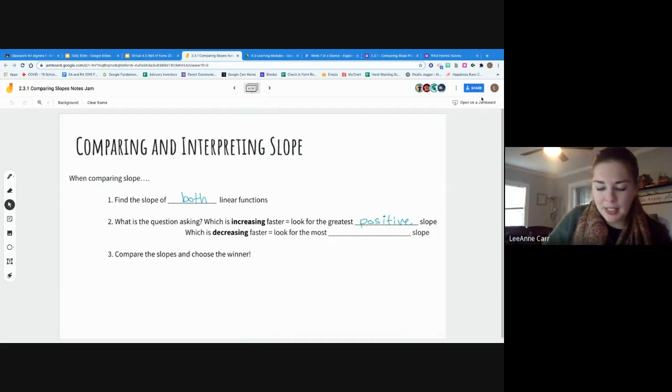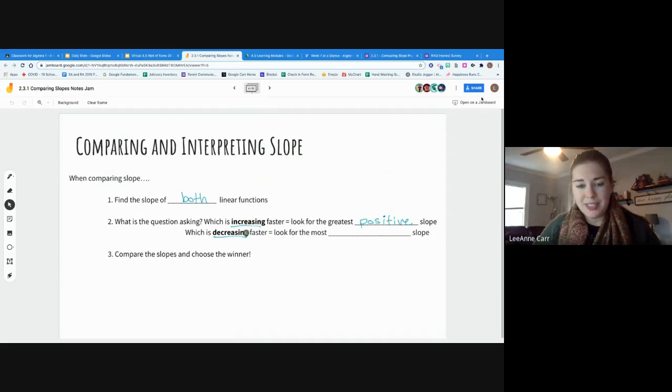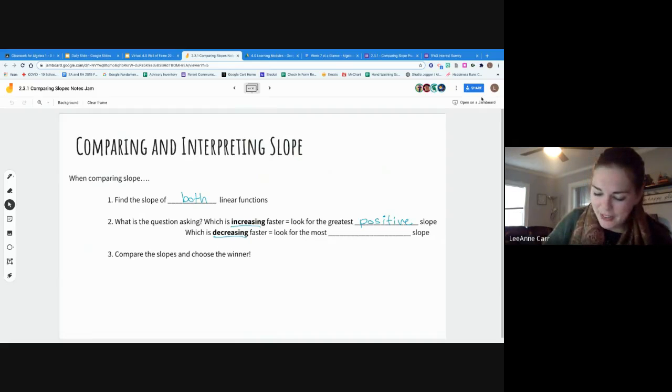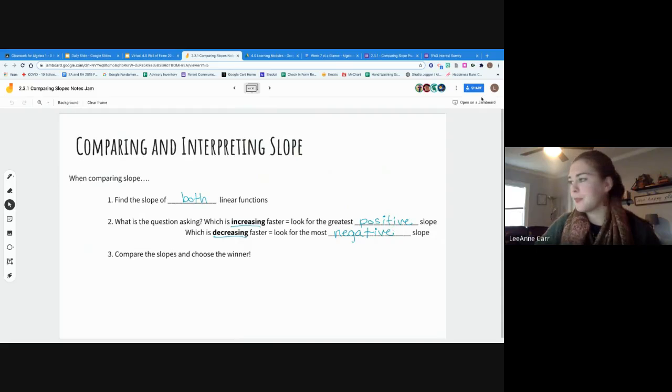Which means if I'm asking about decreasing, which one's decreasing faster? Yeah, thank you. I'm going to be looking for the biggest negative, or the most negative, number for my slope. Once we have both of our slopes and we look for the biggest either positive or negative number, then we're going to choose a winner and name that winner.